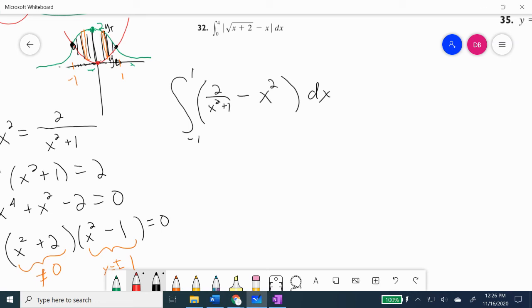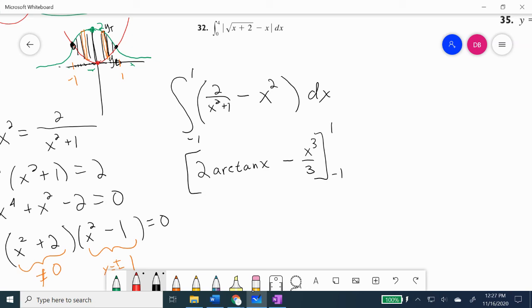For the first term, you want to recognize that what you have is a constant multiple of 2, and the integral of 1 over x squared plus 1 is inverse tangent, or arctangent. Then integrating the second term of x squared, x cubed over 3, and then we are evaluating from -1 to 1.